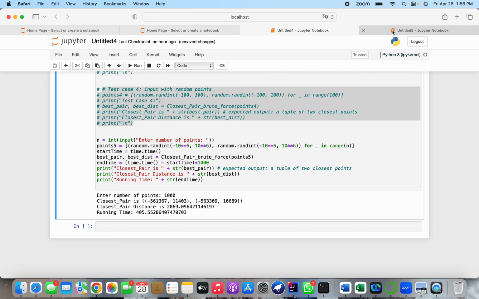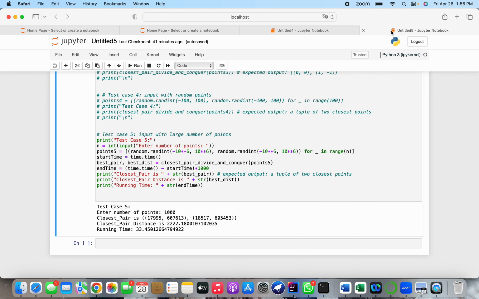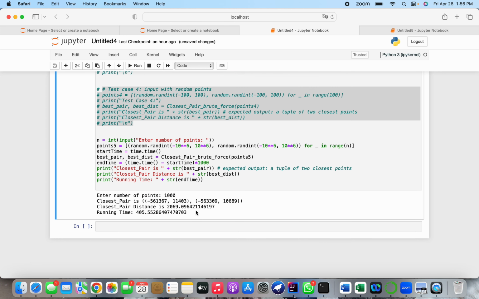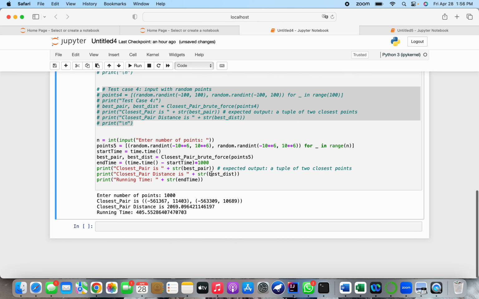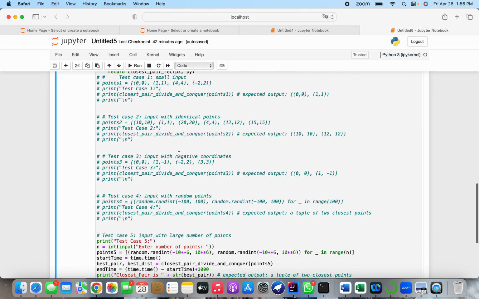You can simply see how optimized the divide and conquer algorithm is, and how fast it is running. It's just 33 milliseconds, and for brute force it's 405 milliseconds. That means even for 10 power 4 or 10 power 5, the divide and conquer algorithm gives you the output very quickly, but brute force might take more than 10 or 20 minutes to give you the output for larger inputs like 10 power 4 and 10 power 5.